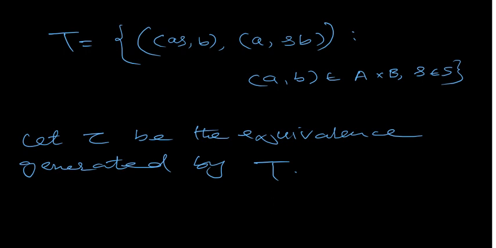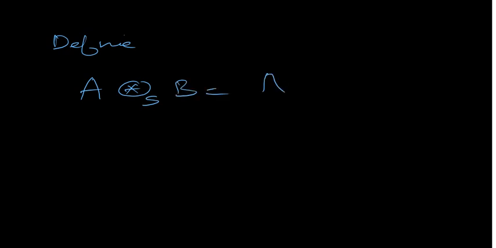Okay, we denote this A cross B over tau by the following notation: A tensor B over S equal to A cross B over tau.